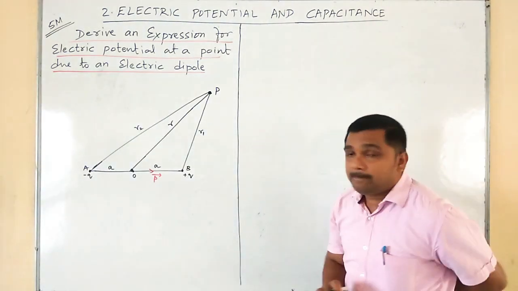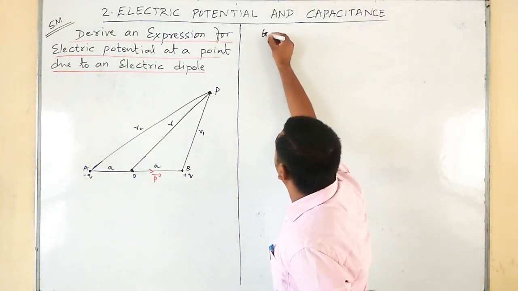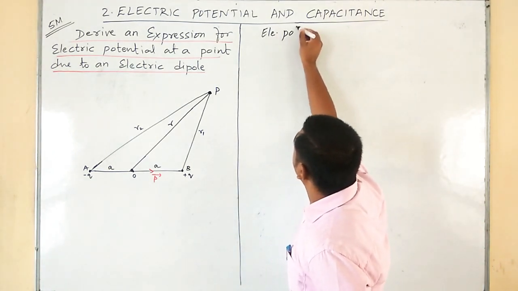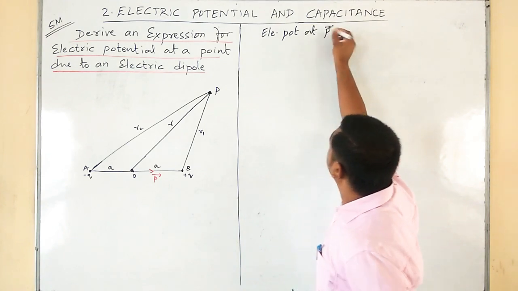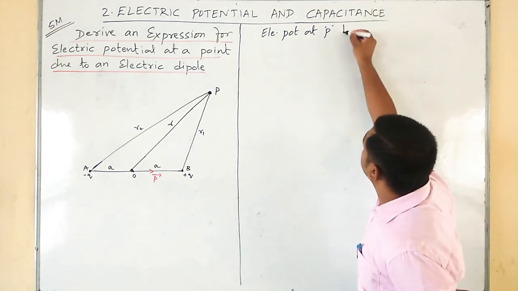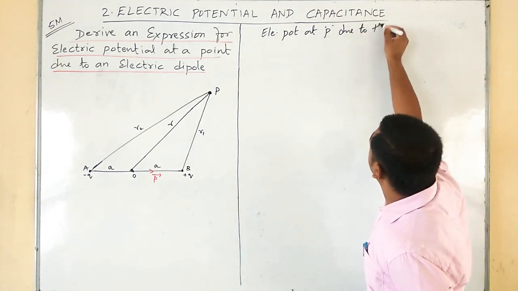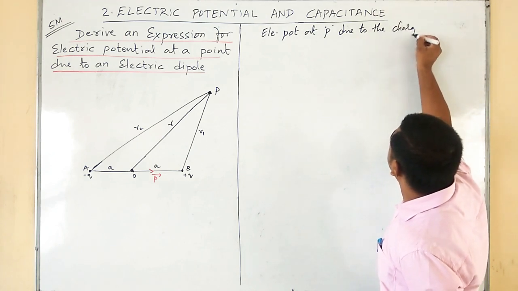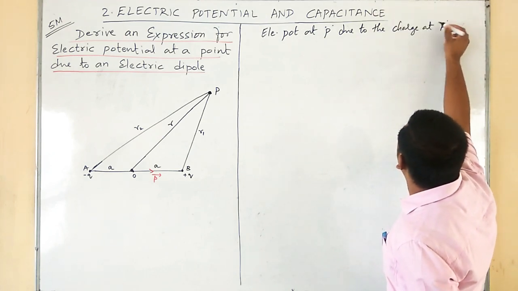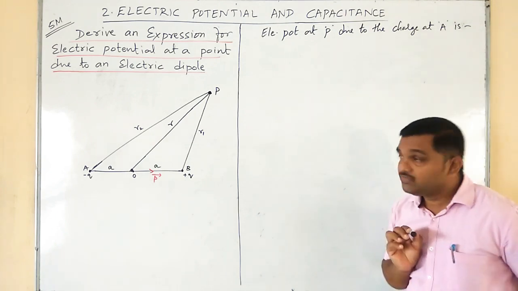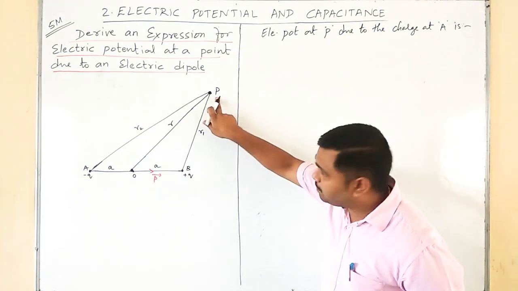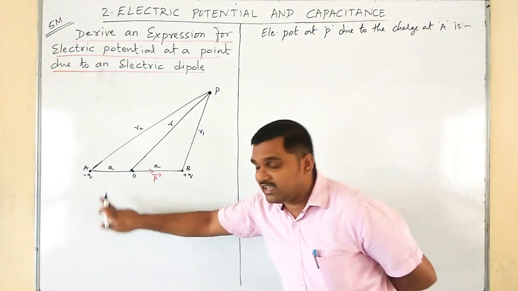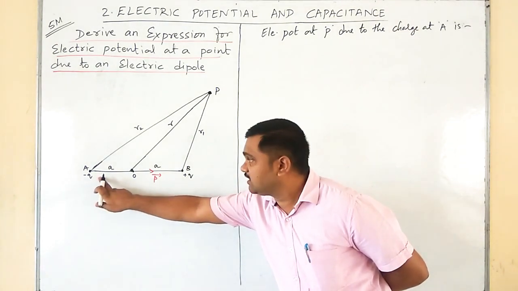Electric potential at P due to the charge at A. What type of charge is there at A?